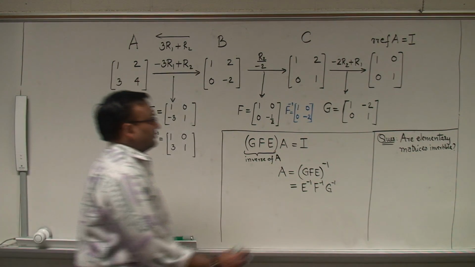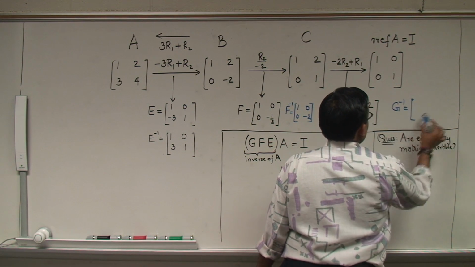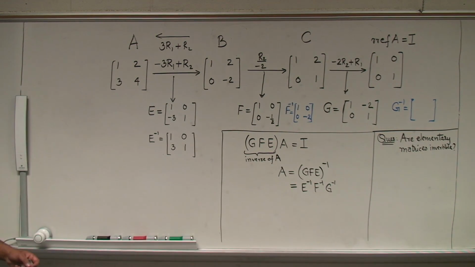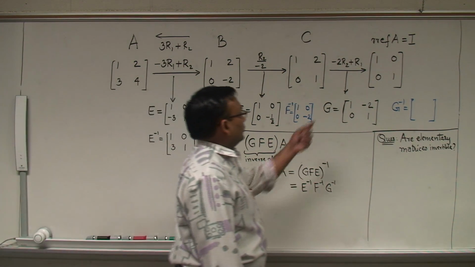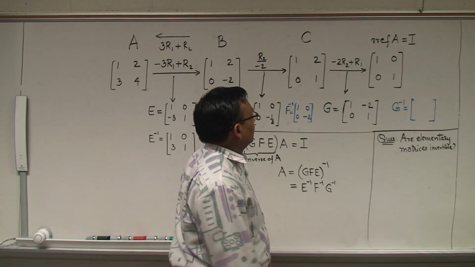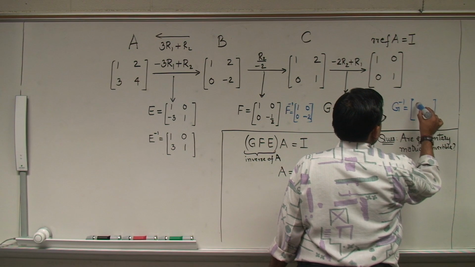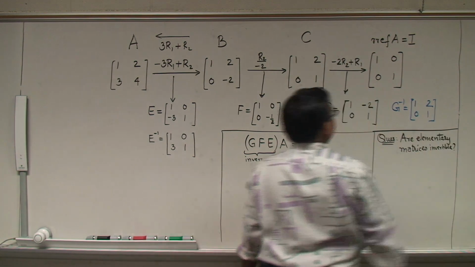What would be the inverse of G? What was the operation being represented by G? We said we'll multiply row 2 by -2 and then add it to row 1. Well, if you want to return to what you started with, all you need to do is multiply row 2 by 2 instead of -2 and add it to row 1.